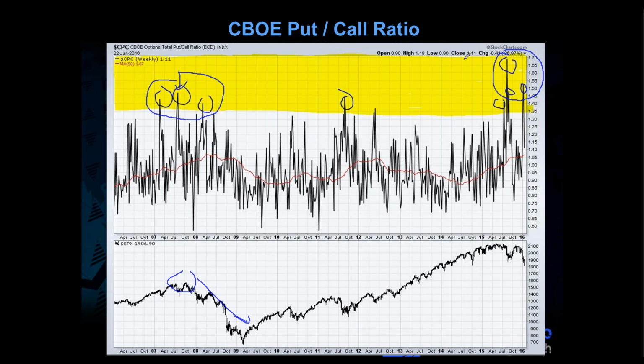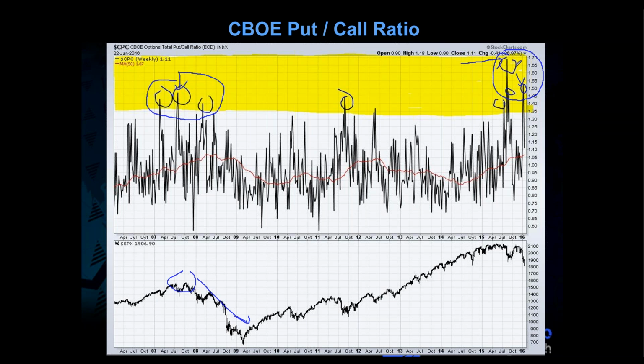That was the high point. But look at what happened here when we had that flash crash on Monday, and then about a week ago when we moved up this past week: a huge spike in volume, meaning 1.5, 1.6 puts bought for every one call.